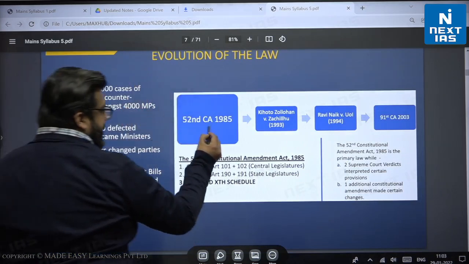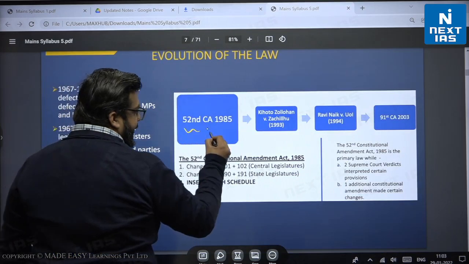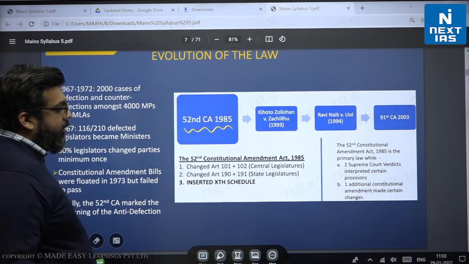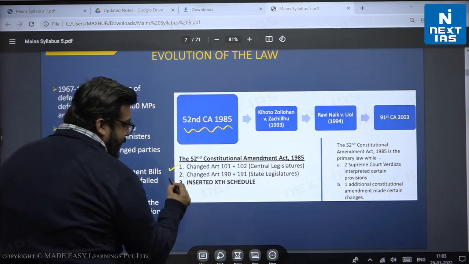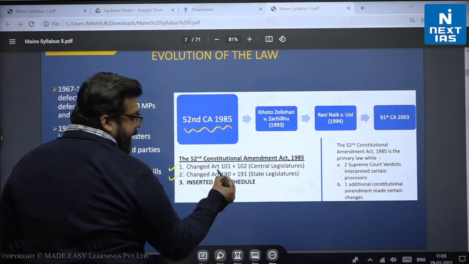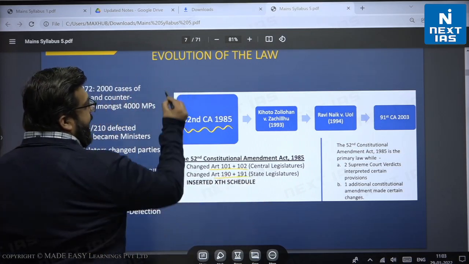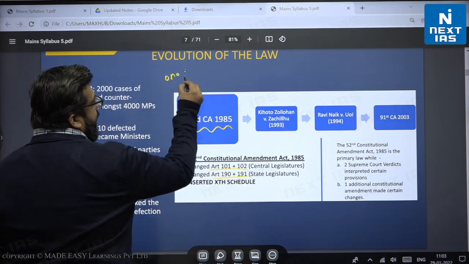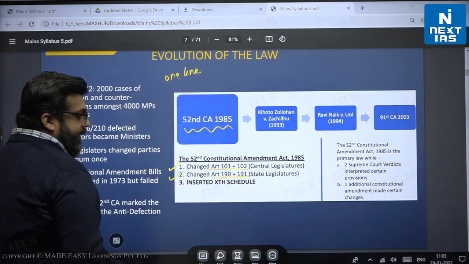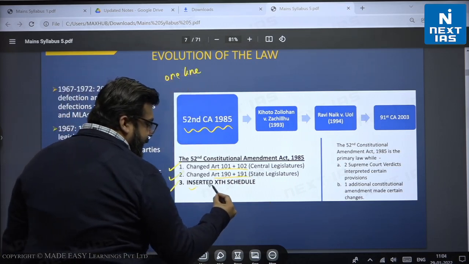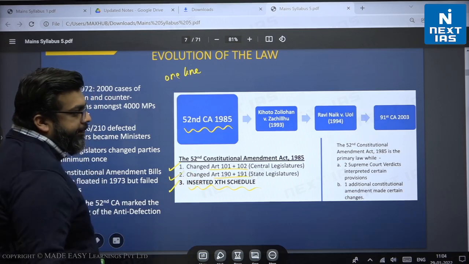So it is in 1985 that we amended the constitution, and we amended 2 parts of the constitution. Under articles 101, 102 and 190, 191, we added one line: please refer to anti-defection law for further details. And then we added the 10th schedule to the constitution.